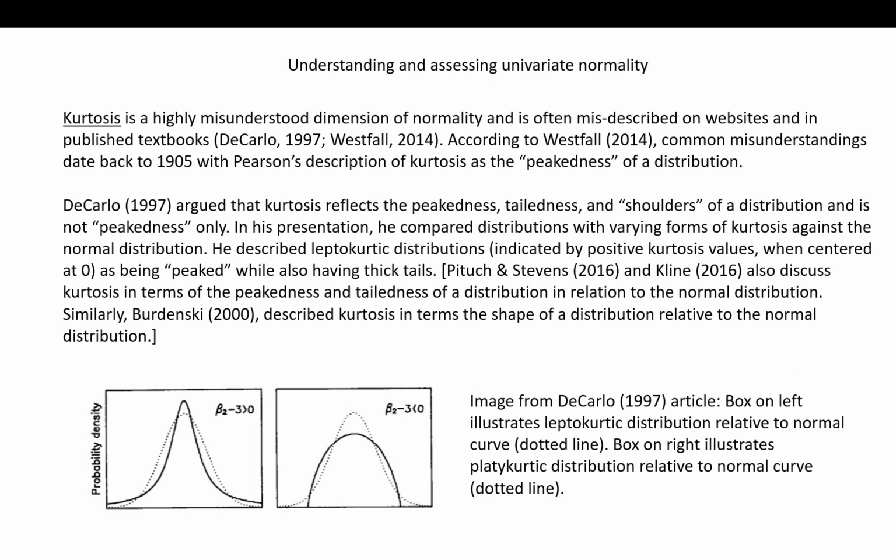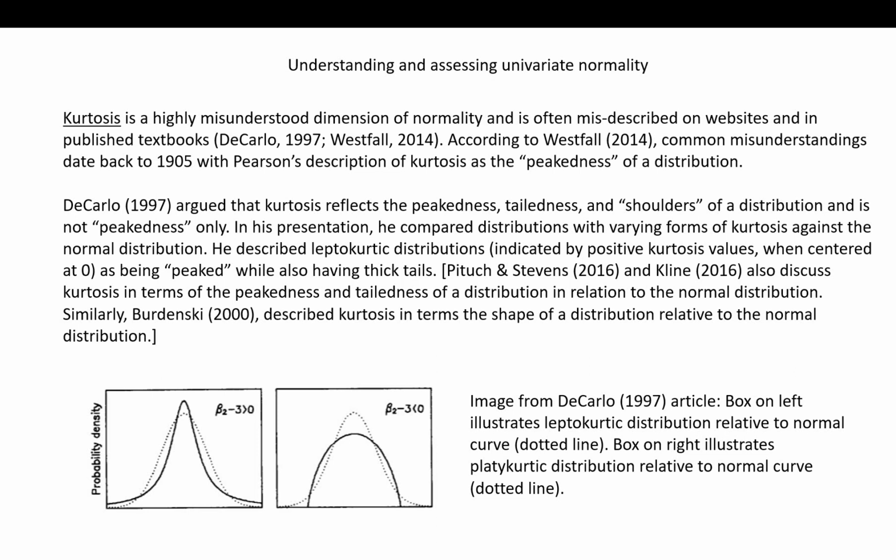Now, kurtosis is a highly misunderstood dimension of normality and is often misdescribed on websites and in published textbooks. The most common misconception or mischaracterization of kurtosis is that it is all about the peakedness of a distribution. In 1997, DiCarlo argued that kurtosis actually should be considered as reflecting the peakedness, the tailness, and the shoulders of a distribution.